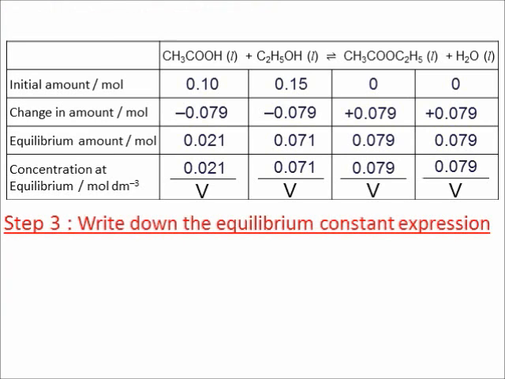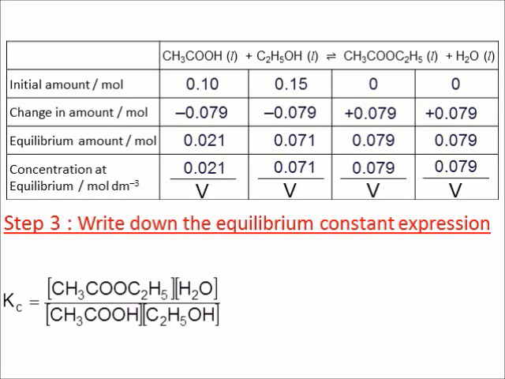As mentioned earlier, in this reaction, all the substances are not acting as solvents. Hence, the equilibrium constant expression is the concentration of ethyl ethanoate multiplied by the concentration of water divided by the concentration of ethanoic acid multiplied by the concentration of ethanol.